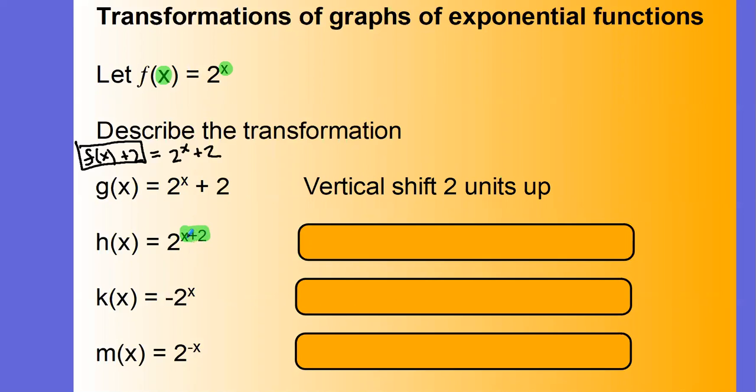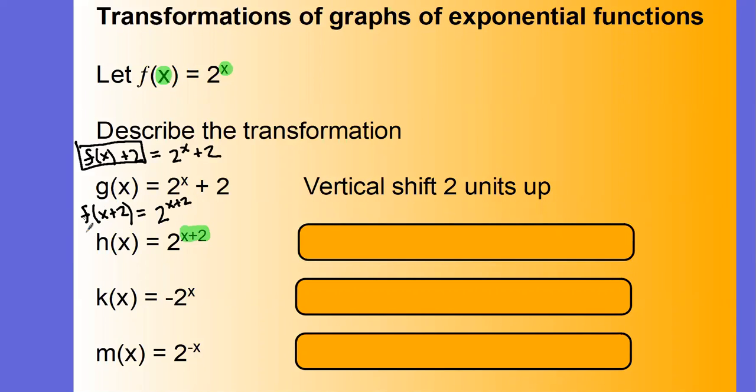But this time, this is changing to x plus 2. Well, the only way that I'm going to get that to happen is that I'm going to have to evaluate my function at x plus 2. So if I do f of x plus 2, that will give me 2 to the x plus 2 power.